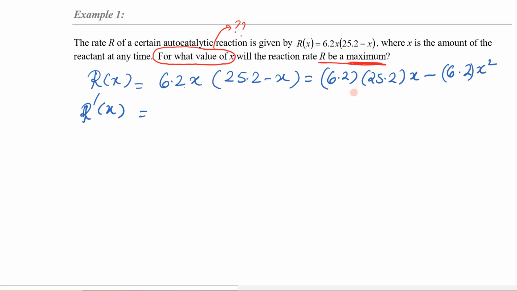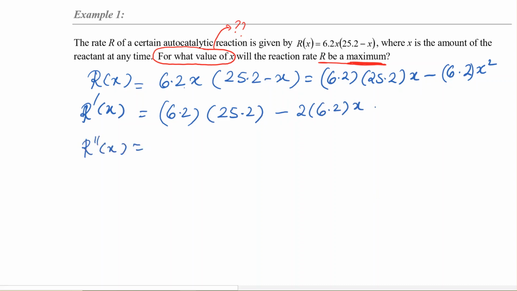So the first derivative would be, scalar as it is, and the derivative of x is just 1. I don't want to do this multiplication because I know it's going to get cancelled in the end. So 6.2 times 2x, right? Similarly, we also need the second derivative because we can use the second derivative test.